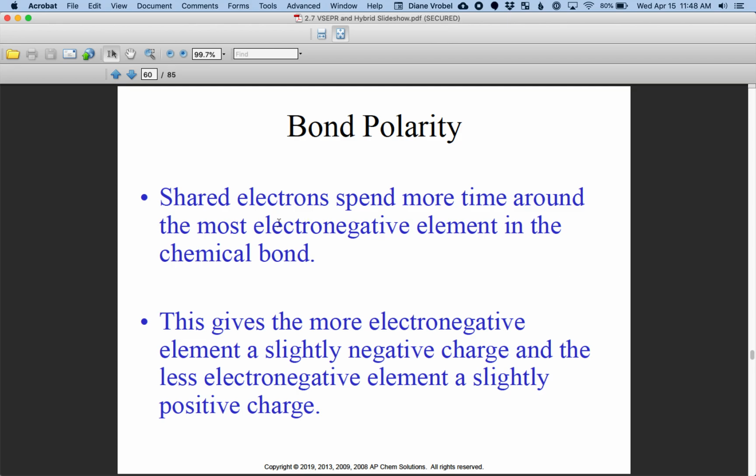You should know that if you have an atom that is more electronegative than another one, you're going to have an unequal sharing of electrons within that bond. So covalent bonds can have polarity. Notice that if you have something that's more electronegative, it's going to have a slightly negative charge. If you have something that's less electronegative, it's going to have more of a positive charge.